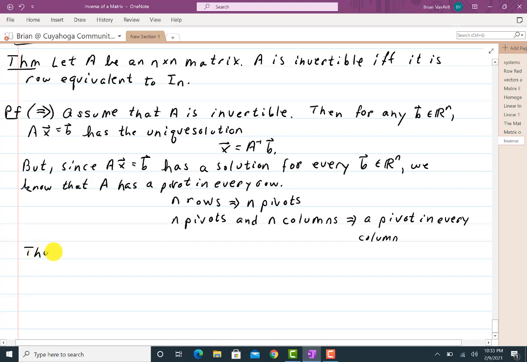Thus, we must have an echelon form of A as follows.